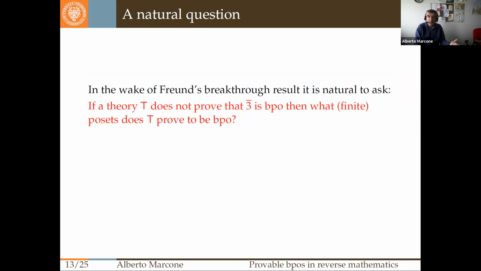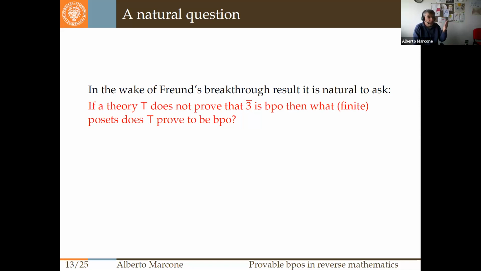And then, so what posets can a theory like that, which is not able to prove that free bar is a better partial order, still prove to be a better partial order? This is similar to the question when you give a theory, this is a typical proof theoretic question, you are given a theory and you wonder what kind of well orders the theory can prove to be well orders, which kind of ordinals can be proved.